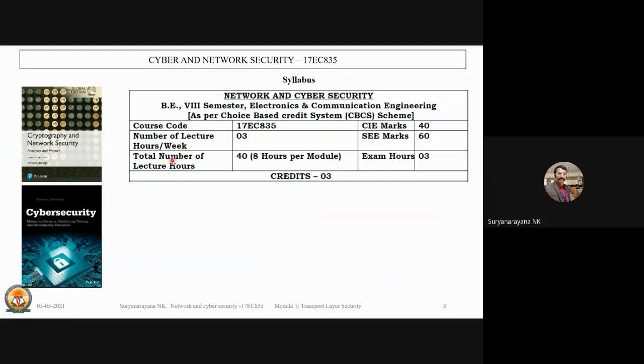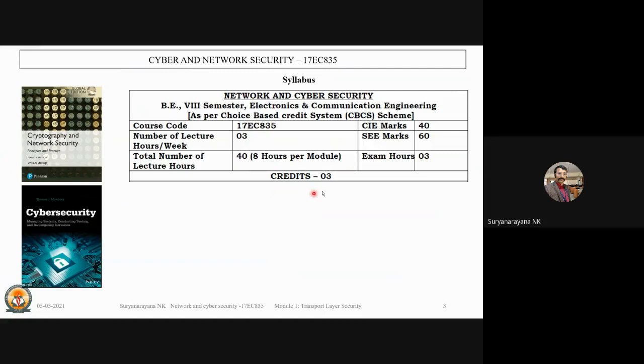The syllabus for cyber and network security is as shown in the slide. The course code is 17EC835, 17 scheme we are following. CIE and SEE marks are 40 and 60, and the total number of lecture hours allotted is 40, that is 8 hours per module.